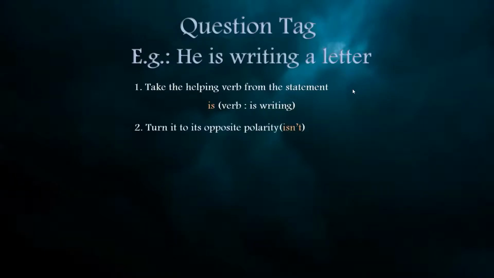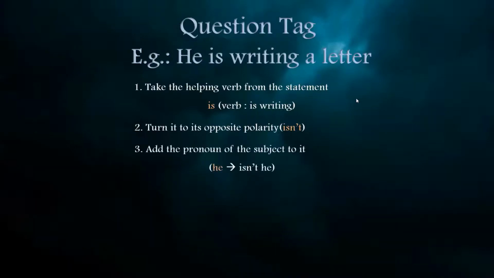And as the next step, you have to change the polarity of this verb. If this verb is negative, make it positive. If it is positive, you have to make it negative. Meaning, if the verb is, as in this example, in the question tag, you have to change it to isn't. If it is isn't in the statement, then you have to change it to is.